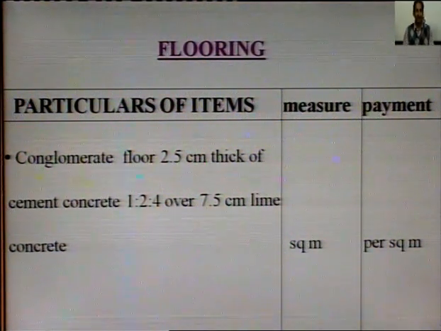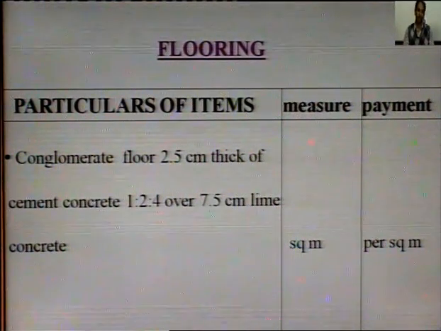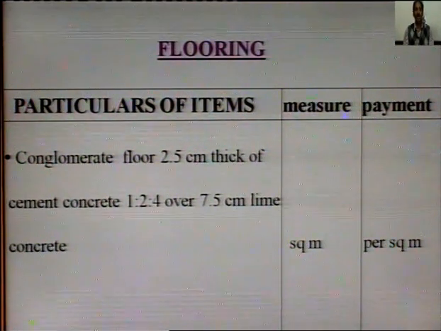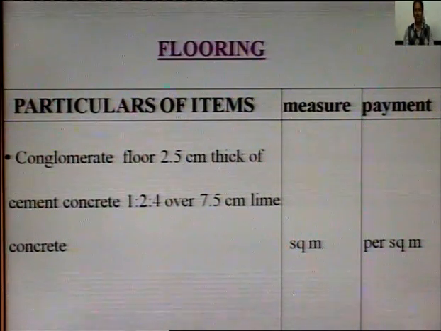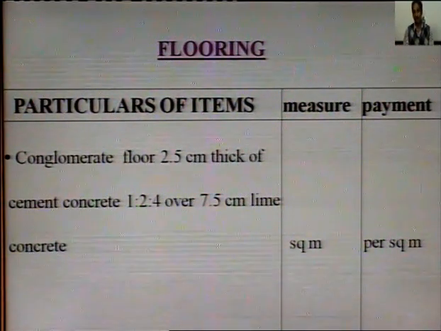So your cement concrete in the proportion 1:2:4 over 7.5 centimeter lime concrete or cement concrete or any other PCC. So this is flooring of 2.5 centimeter thick.